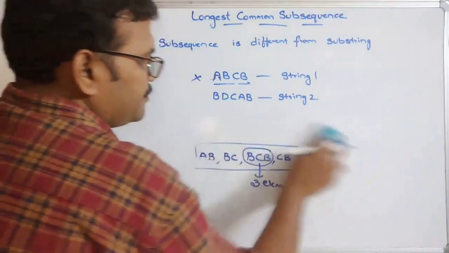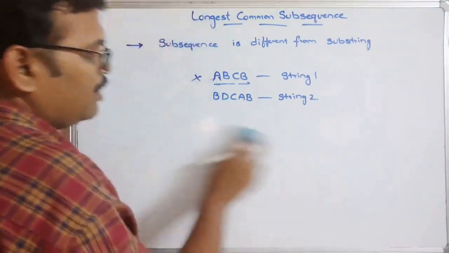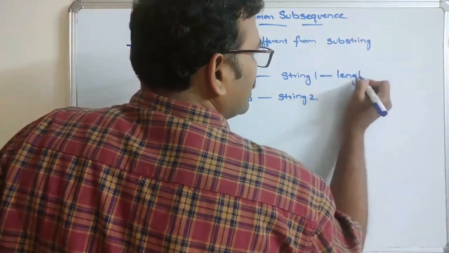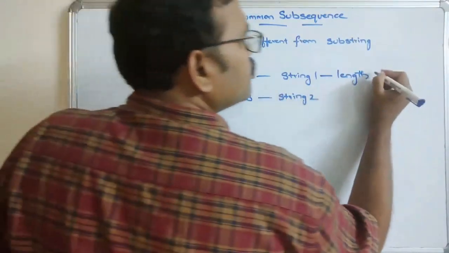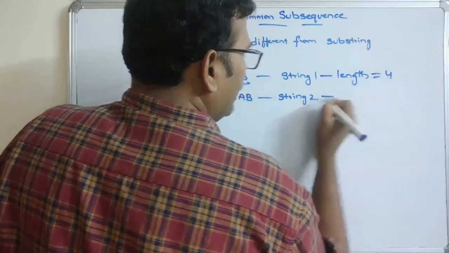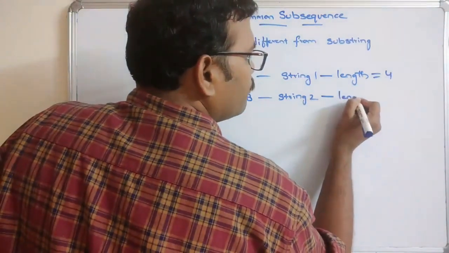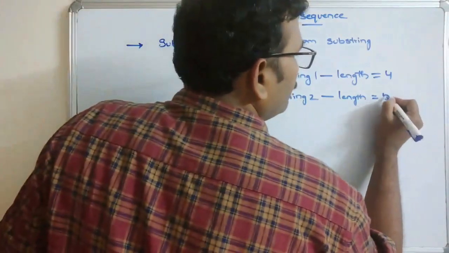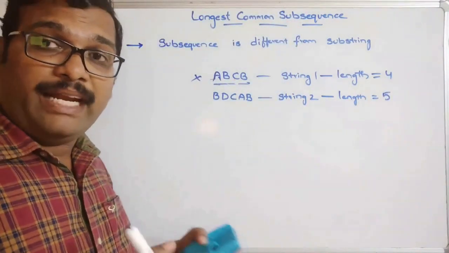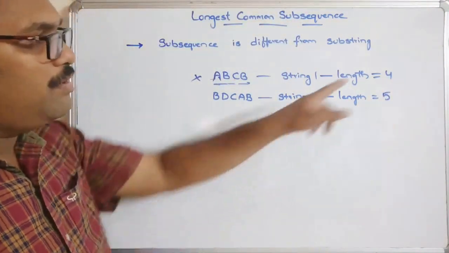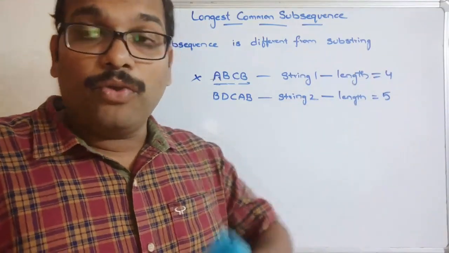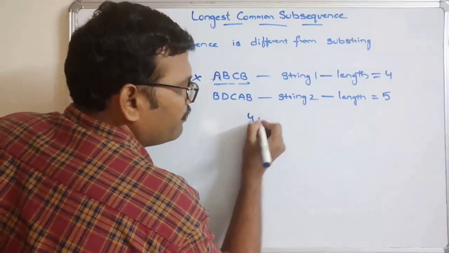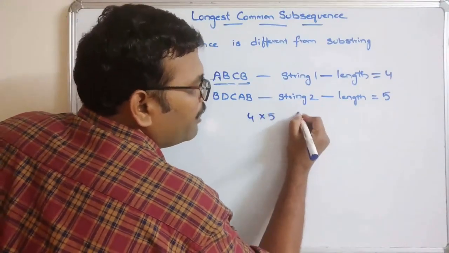Okay, see, first what is the length of this string? You can consider the same string. So length is 4, and here the length of this one will be 1, 2, 3, 4, 5. Now we have to draw the matrix with 4 by 5. You can go with a 4 by 5 or a 5 by 4.